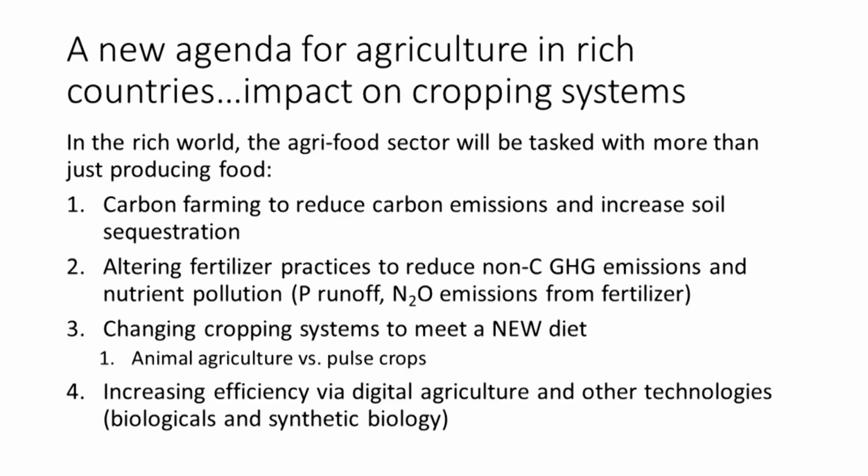So the bottom line here, the main takeaway, is that if the rich world is going to shift to Agriculture 5.0 or regenerative agriculture, or climate-smart farming, whatever you want to call it, it's going to have a huge impact on cropping systems, because management decisions are going to be based on more than just producing food.